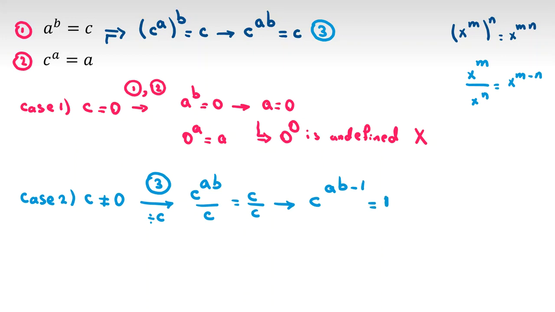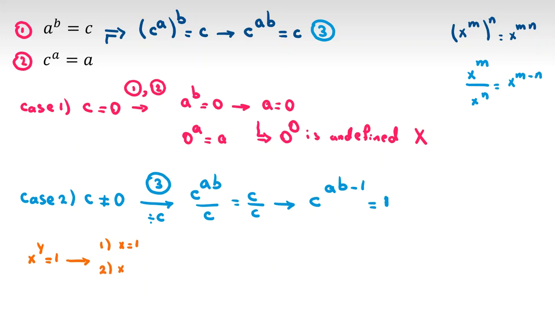So we have to solve an equation where something to the power of something equals 1. Suppose x to the y equal to 1. I want to consider different cases. The first case is x equal to 1.